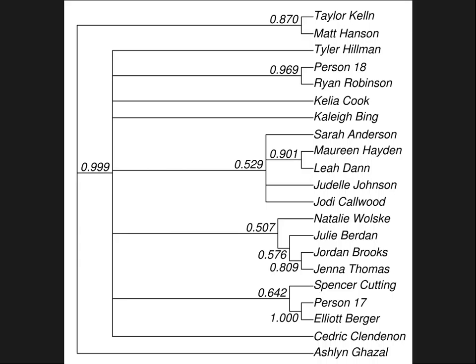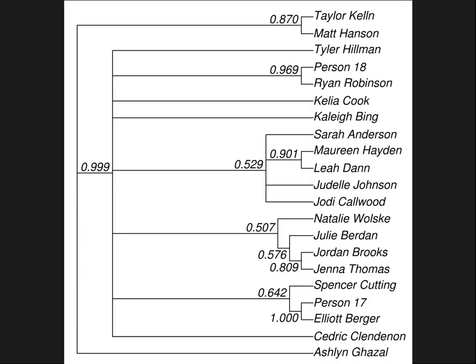And then down here, Elliot Berger and person 17, which I think are the same sequence on accident. Jenna and Jordan, which also are not. Like if you played well, apparently you don't show up. Arthur's, and then Taylor Callan and Matt Hansen. Okay, you guys are here. So hey, long lost brothers here as well.